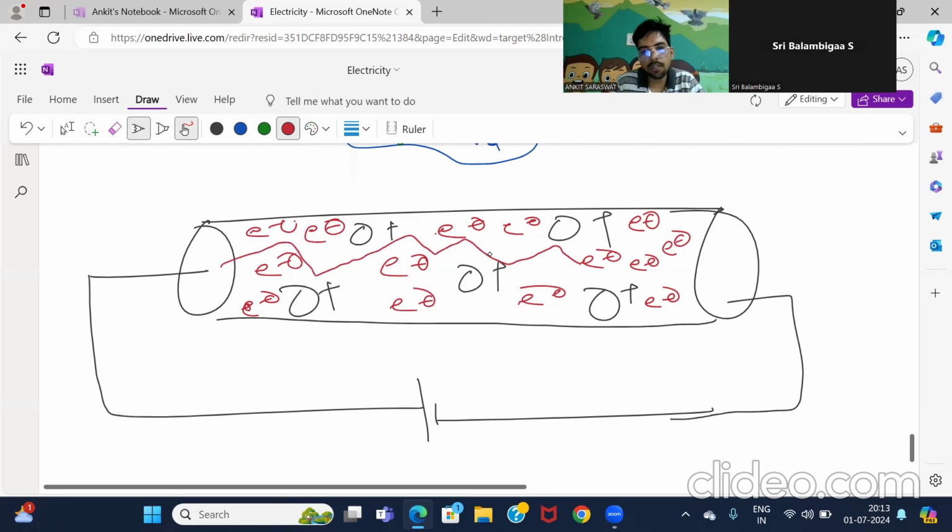Yes, sir. Every electron is going like this. They don't physically collide, but they are colliding like this. Clear? So this is the beginning of this chapter, and drift velocity is very important, because if you understand drift velocity, you can understand all the things.